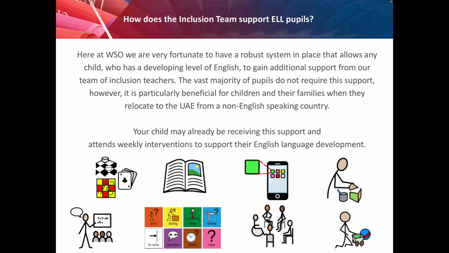We use colourful semantics, which are really Bryony's. I'll let Bryony discuss colourful semantics because she loves it. Colourful semantics is those little boxes there at the bottom that are all different colours. It's basically a very structured way of teaching children the semantics of language.